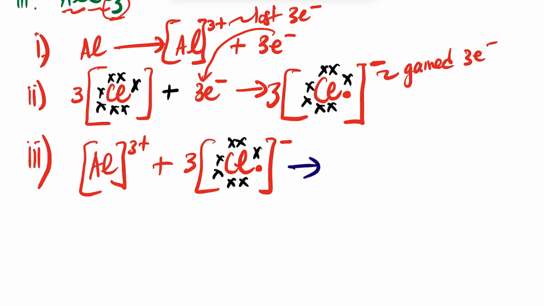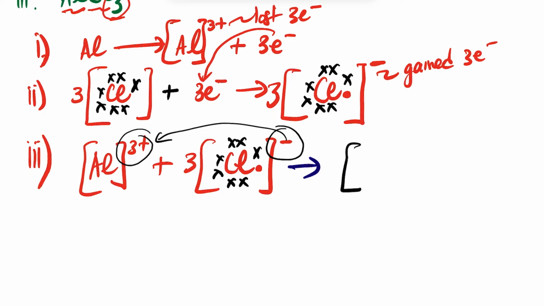So what's going to happen now? There will be an attraction between the two, because remember, there are 3 of these and 1 of these. This attraction between the positive and the negative is an electrostatic force. So what's going to form here?